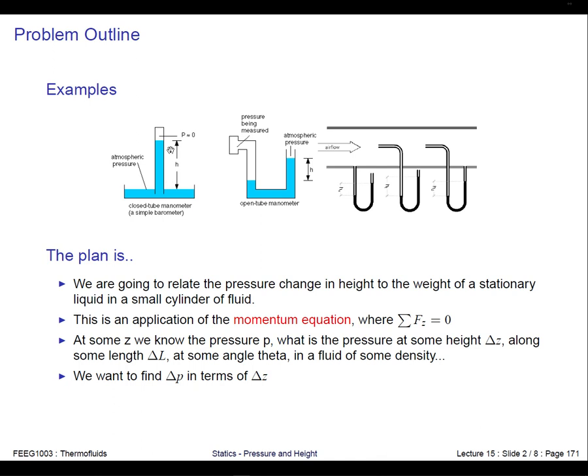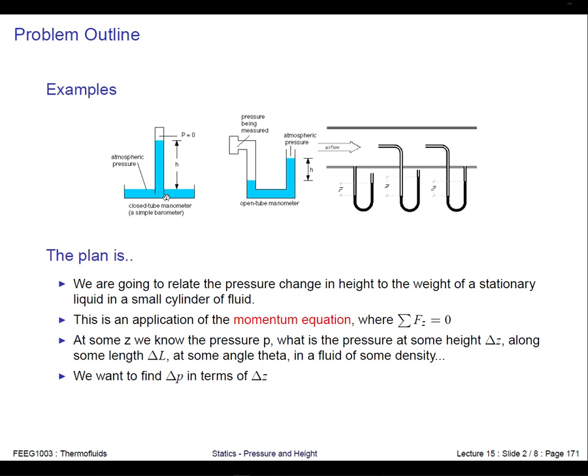The weight of fluid corresponds to the pressure acting on this surface and pushing the fluid up the column, and there's no pressure here, so there's no force pushing down on this fluid. So this height of liquid corresponds to the atmospheric, ambient pressure.